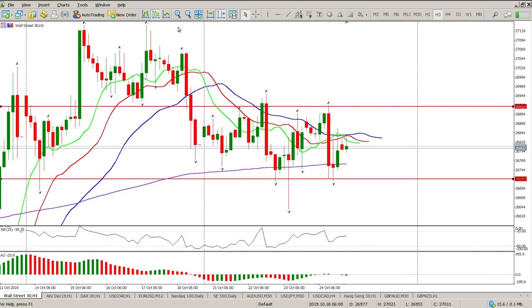So let's just look at the logic here. We've had a move down, we had a test of the alligator there, move down, and then we had buyers step in again to try and drive it through the alligator. That failed. So that's the first try to get through. We then had a test, came back, another test, and then we had a breakthrough, second time, and that failed.